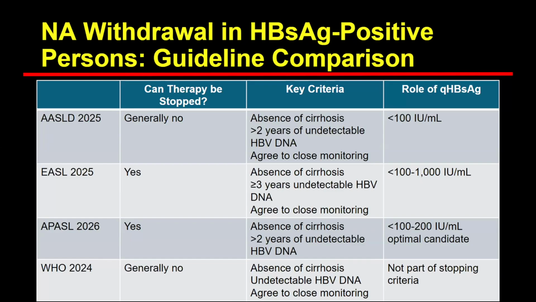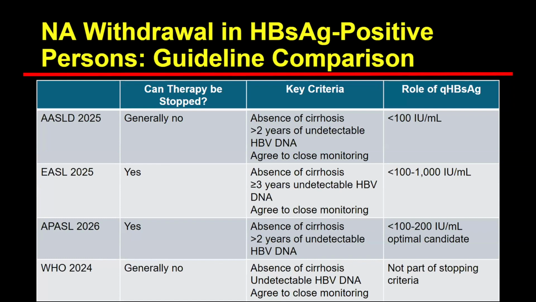All the liver societies and the WHO agree on the criteria for who should discontinue treatment, and these are the absence of cirrhosis, undetectable DNA for a minimum of 2 to 3 years, and the patient should agree to close monitoring.